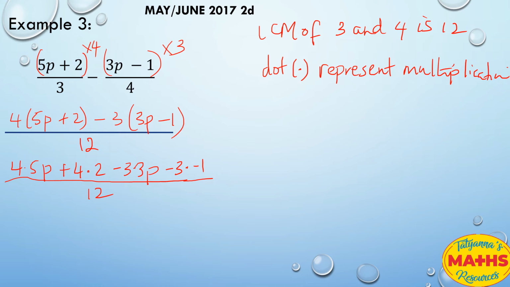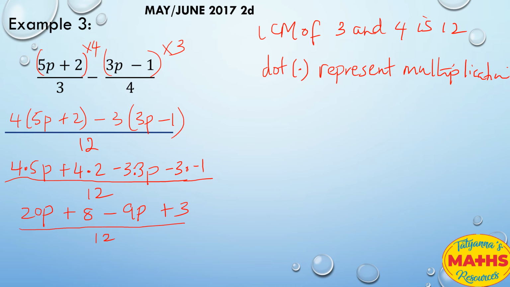Let me put my dots a little more clearer. So that's going to give me 20p plus 8 minus 9p plus 3, all of that over 12.